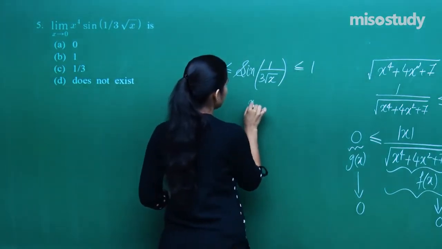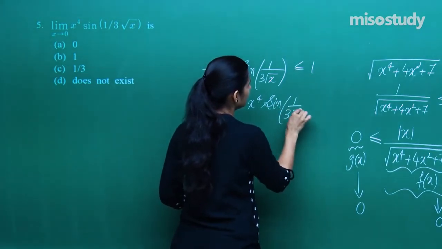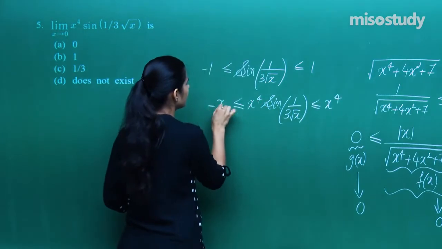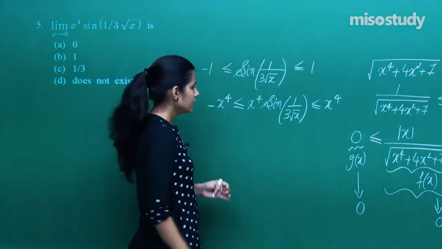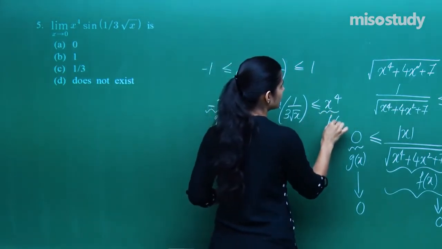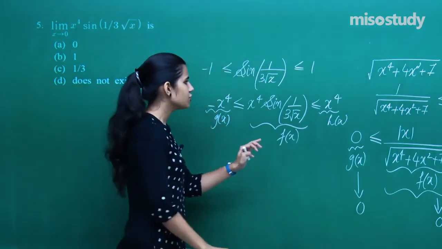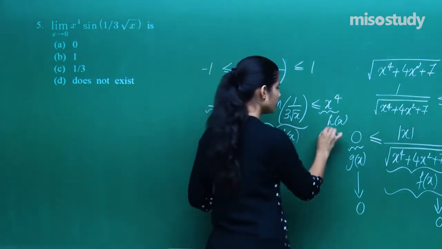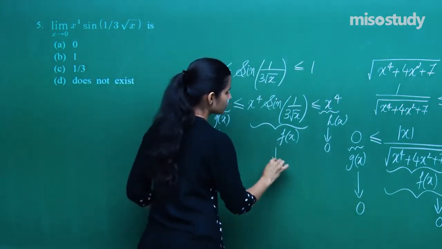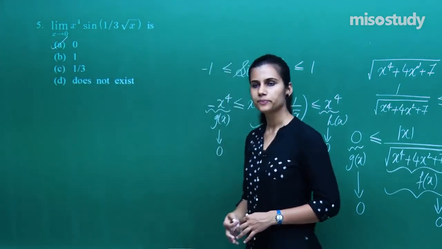So I can say x to the power 4 times sine of 1 by 3 root x is less than or equal to x to the power 4 and greater than or equal to minus x to the power 4. Now this is playing the role of g(x), this is playing the role of h(x), and that's my f(x). Limit x tends to 0 of x to the power 4, you know it is 0. Also minus 0 is 0 only, so this is also going to approach 0. Again, the answer is 0.